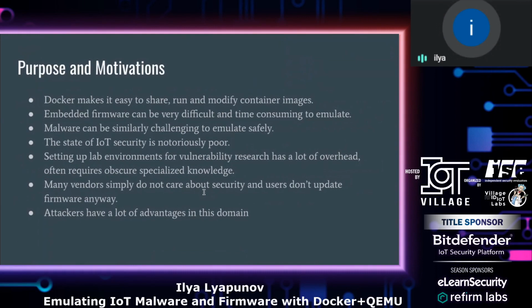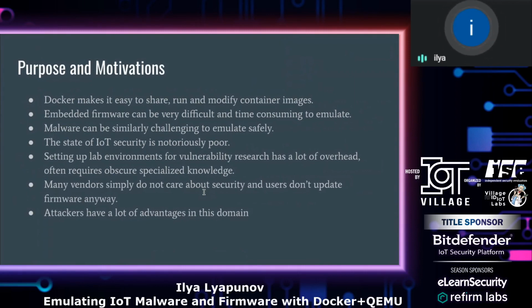The purpose and motivation for this is basically that Docker makes it really easy to share appliances as container images. If there is a device that I want to emulate and somebody else has already built one, I can just docker pull that thing, docker start, and give it whatever flags it needs, and it comes up and running.